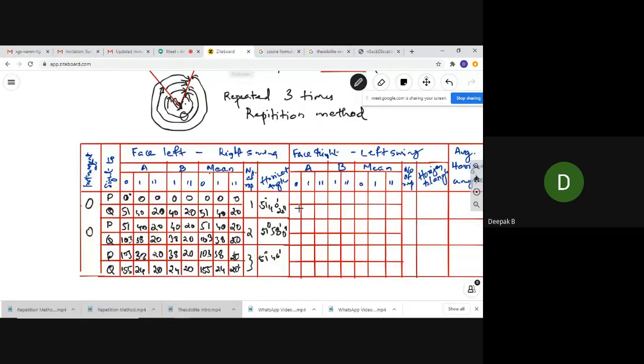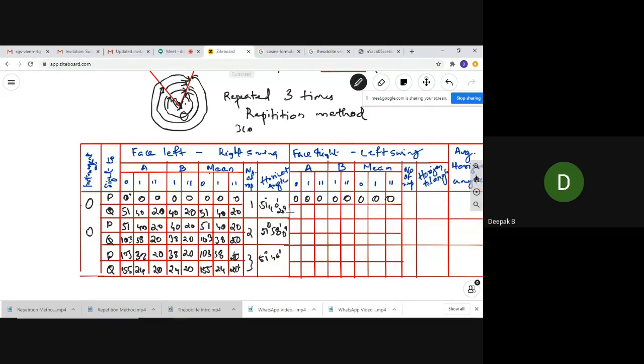I'm now going to say the included angle readings for the face right left swing. There is no video, so I want you to take it down. This will be for P. P we'll start with 0 degree, 0 minute, 0 second. B will be 0. So mean will be 0, 0, 0. And for Q, I took an anti-clockwise turn from P and sighted Q. The sighting I get at Q will be subtracted from 360 degree.